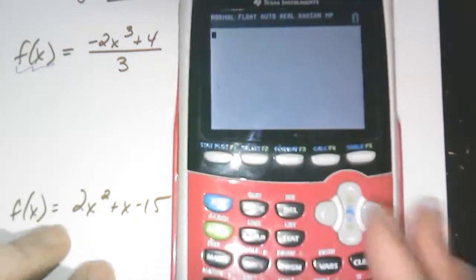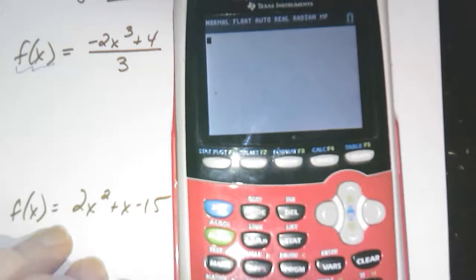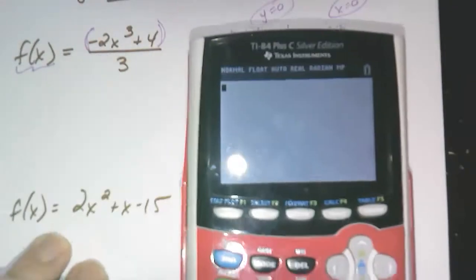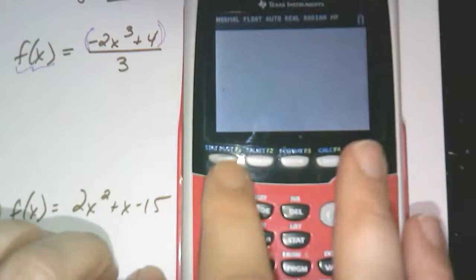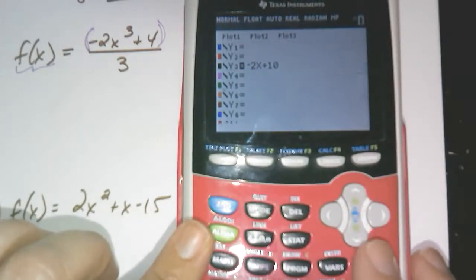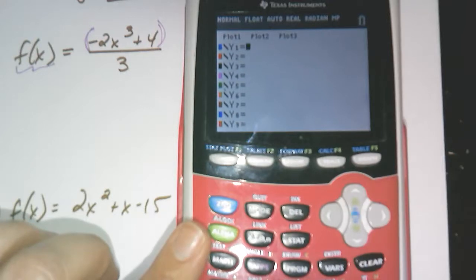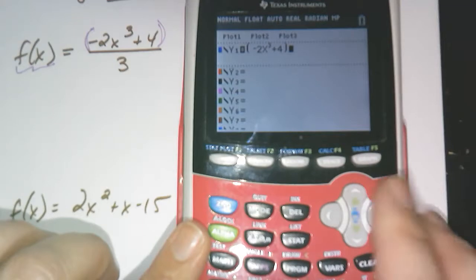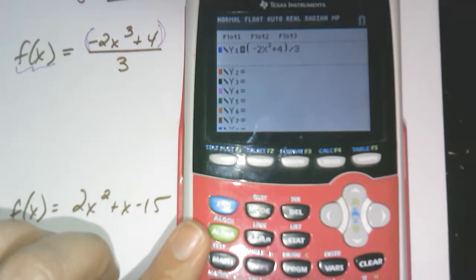By the way, get into the habit of when you're writing fractions and you type it into the calculator, you put a parentheses around the top, and then if it has some kind of binomial down here, you put a parentheses down the bottom, but just get into that habit. So y equals, and I would go parentheses, -2, x cubed plus 4. Close it, divide by 3.